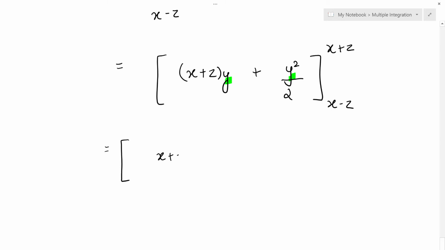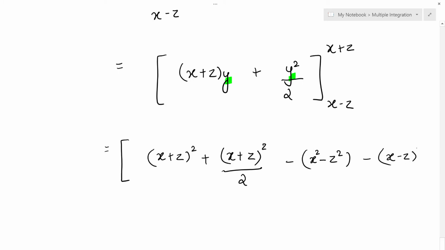You'll have x plus z into x plus z, that is x plus z the whole square, then x plus z the whole square by 2. I have substituted the upper limit. Then I will substitute the lower limit: x square minus z square, since a plus b times a minus b is a square minus b square, and here you'll have x minus z the whole square by 2. So this will be my answer for I1.